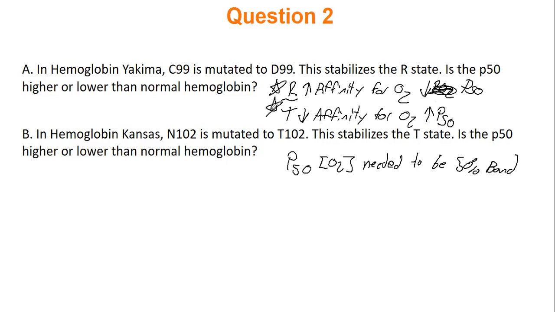So don't forget what these terms mean, right? R state, greater affinity for oxygen. T state, lower affinity for oxygen. P50, the amount of oxygen that needs to be around to be 50% bound. So yeah, R state should have been lower, T state should have been higher.